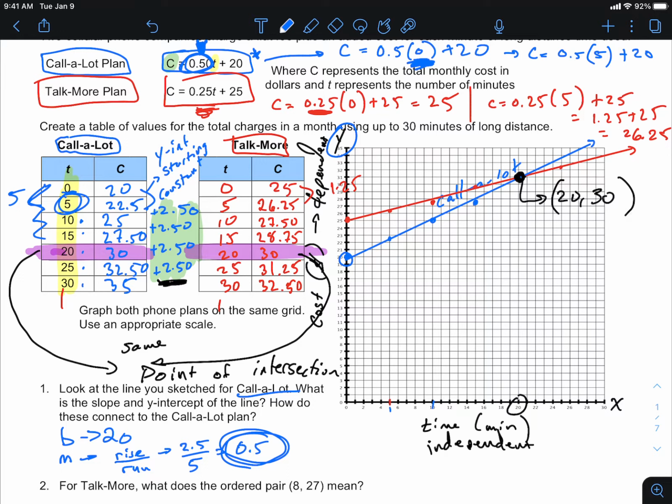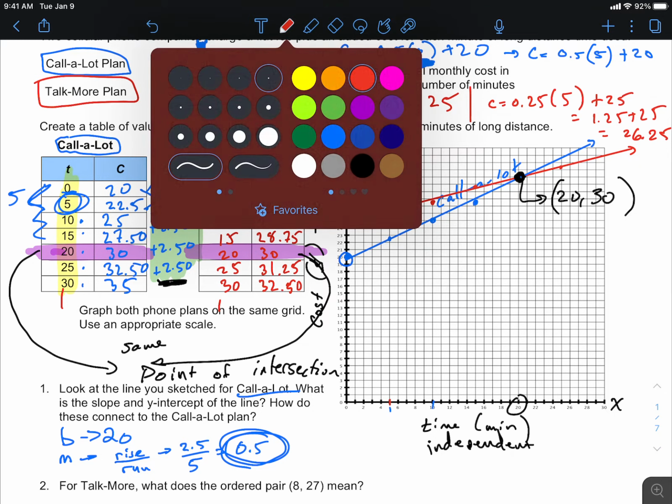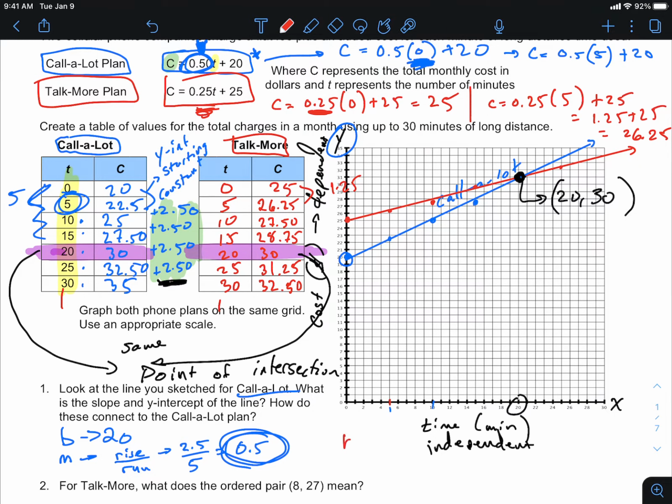Okay, we can do the exact same thing for the red graph. Where's the red graph start? The red graph starts at 25. How does it change? Well, it looks like we go up. This is the m. We're going to rise over run. It looks like we're going up 1.25 over 5.